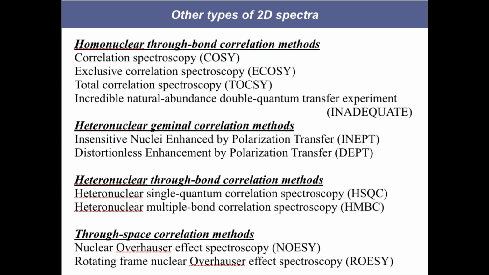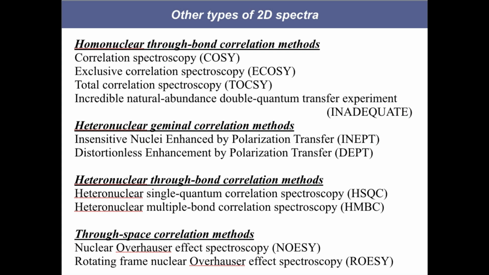Here are some of the terms of other types of 2D spectra, and I've grouped them based on how they relate to different types of hydrogens. So homonuclear through bond correlation methods, meaning we're looking at the same type of nucleus, for example, hydrogen to hydrogen, and we are looking at how they interact through bonding. So we saw correlation spectroscopy. That's what I just showed you.